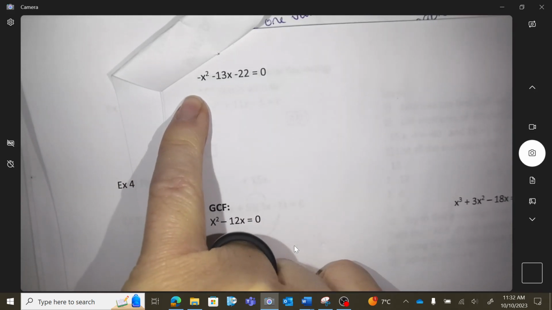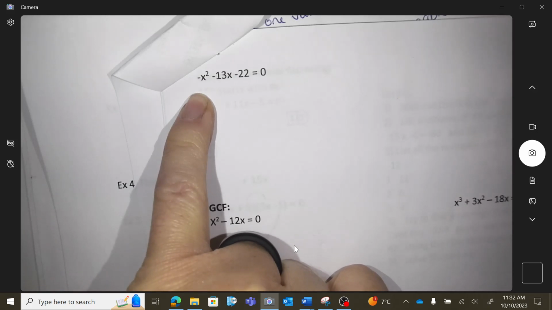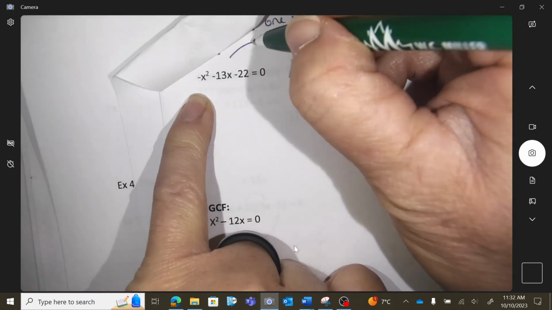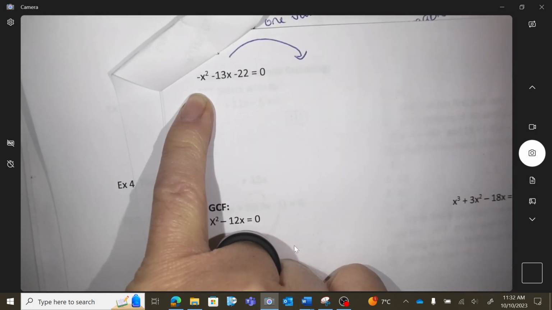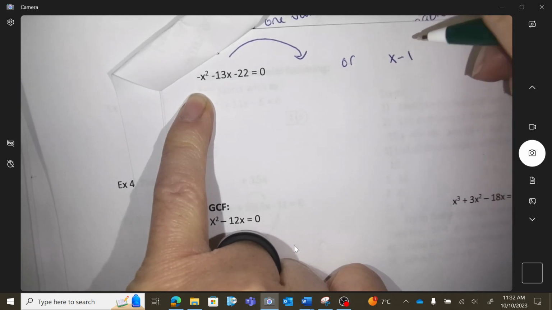So how could I change this equation so that I don't have to work with this negative start? Is there some kind of math maneuver we can do to get that out of there? We could just move it to the other side. Or you could just make the statement that you're going to times everything by -1.